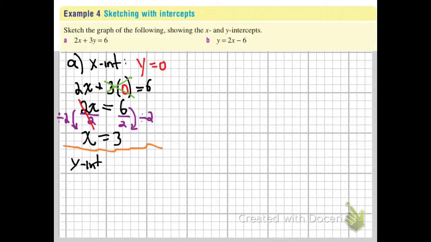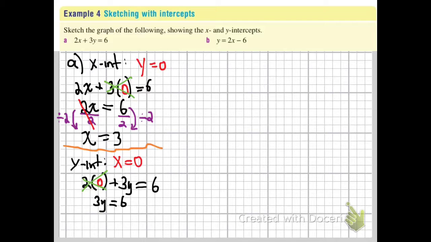At the y-intercept, we know x equals 0. So we do the same thing as before. We plug 0 into that rule where the x was, and we simplify. Again, 0 times anything is 0, so that gets crossed out. We rewrite 3y equals 6.